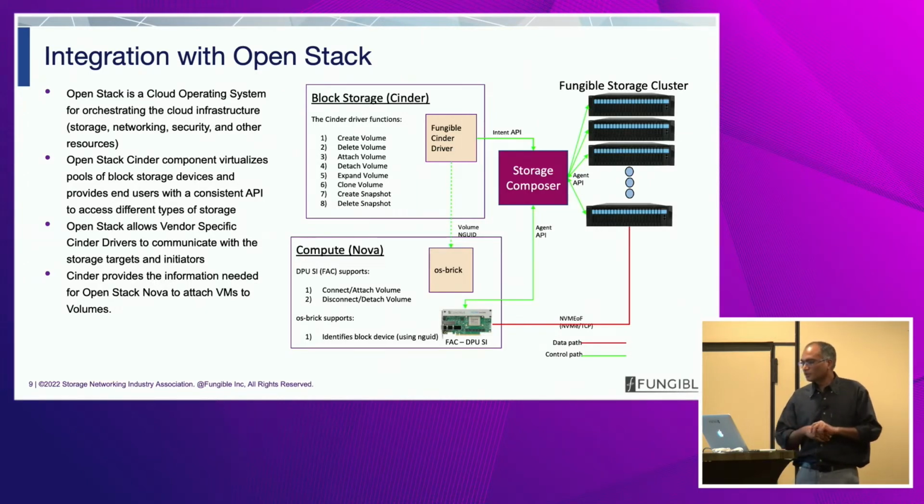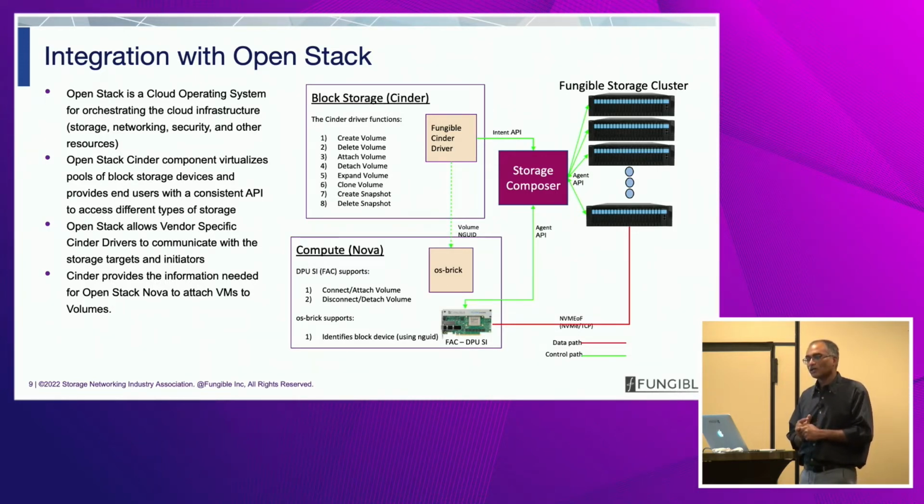Now I'll talk a bit about the integration, how we integrated with OpenStack. As many of you know, OpenStack is a cloud operating system for orchestration, and it allows orchestrating all the infrastructure like storage, networking, security, and other resources. Cinder is one of the services in OpenStack, and that is responsible for managing the block storage.